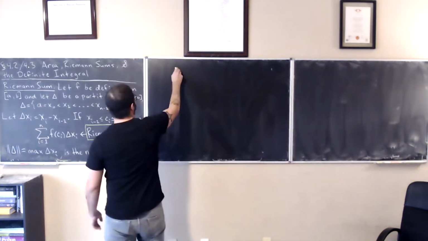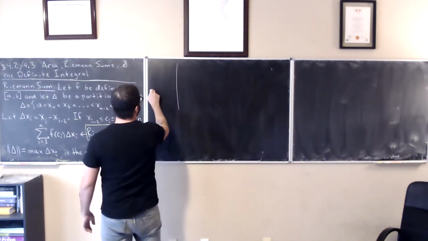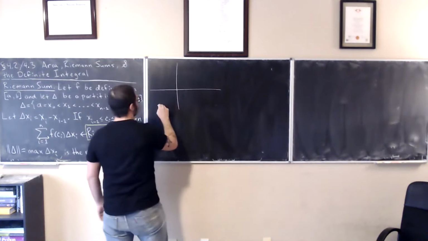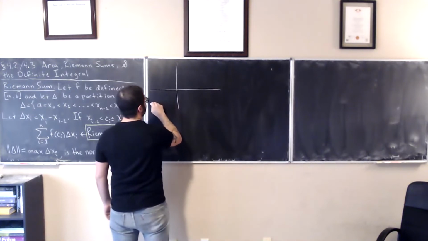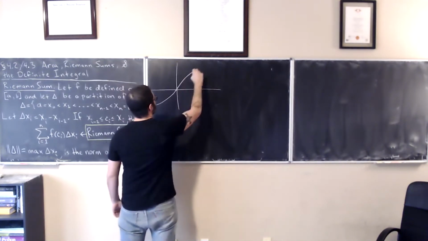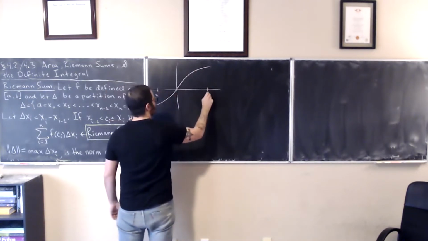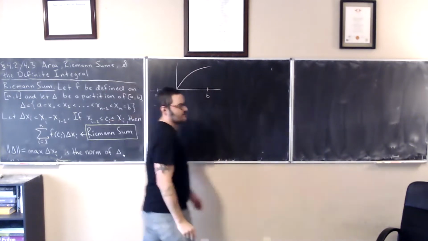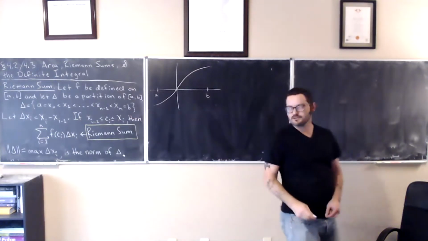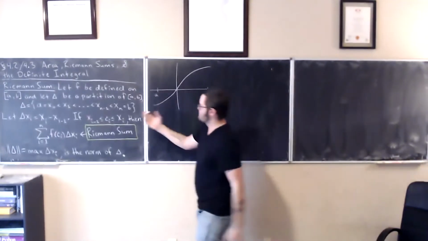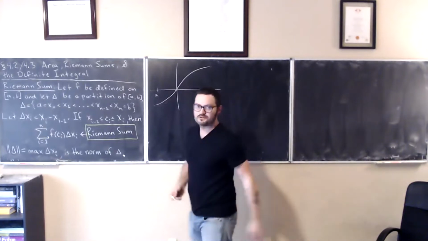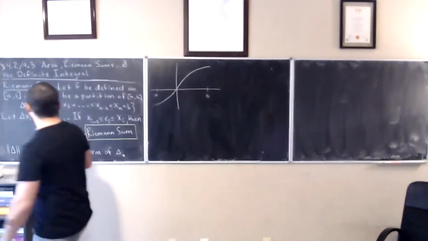So more or less, what this is doing is if we have some curve and we have an interval AB, not necessarily positive now, but let's try to interpret what's happening for a function that is both positive and negative.